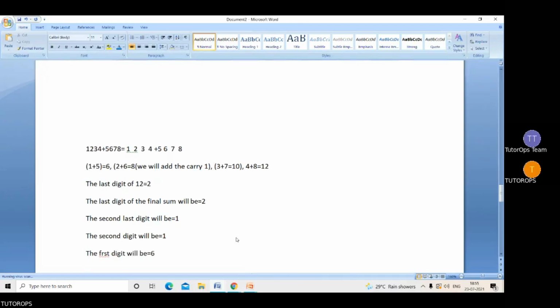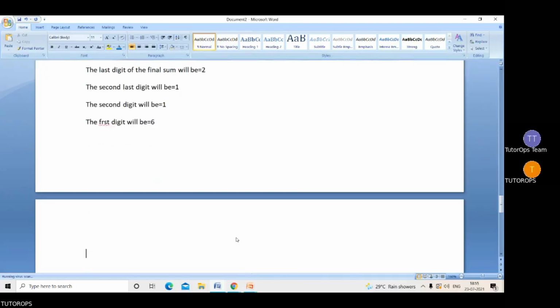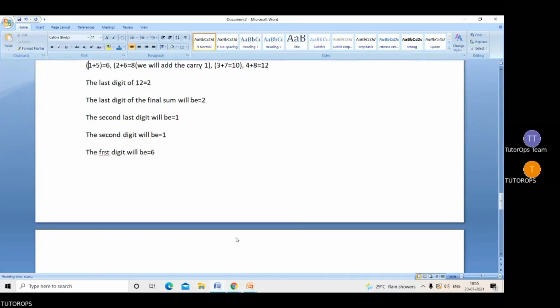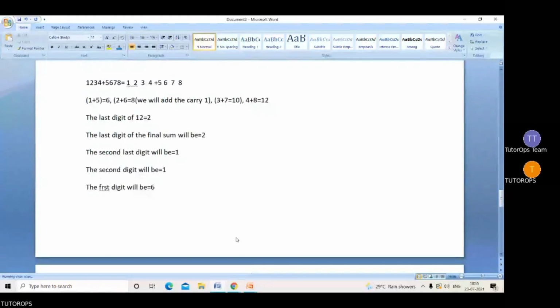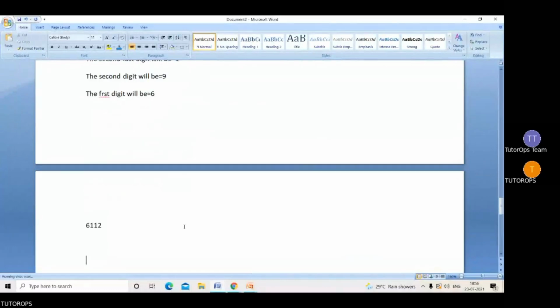So how much will be the final result? 6112. Sorry, here we have made another mistake, that the second digit will be 8 plus 1, that will be 9, and the result will be 6912.